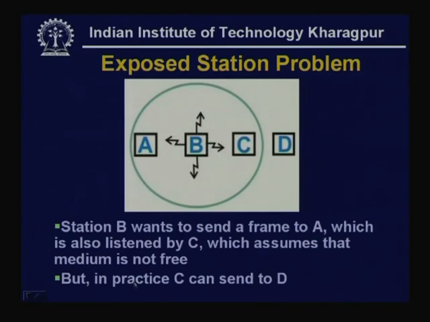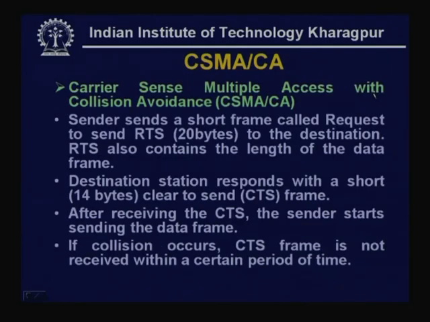What I intend to say is, in this situation B can transmit to A and C can transmit to D simultaneously, but our protocol will not allow it unless we develop a suitable protocol. That can be avoided by using a special protocol known as carrier sense multiple access with collision avoidance. Here collision is completely avoided by using a suitable protocol. Let us see how it is done.